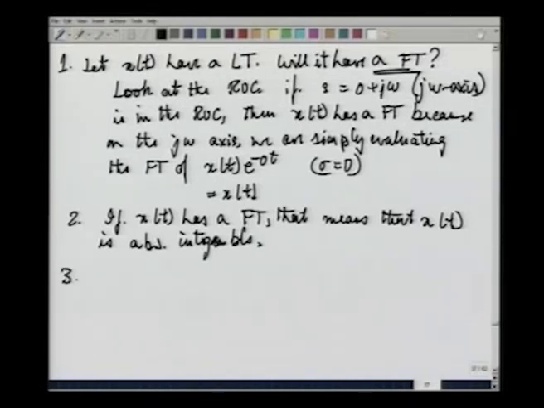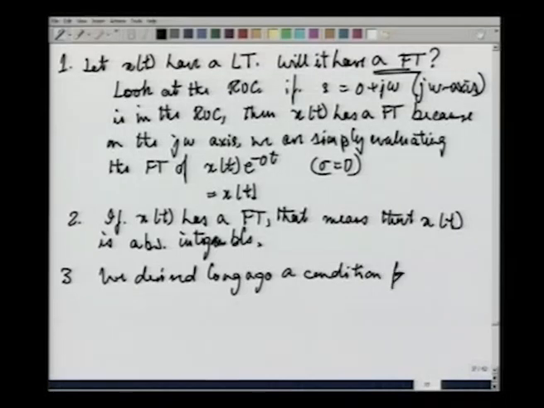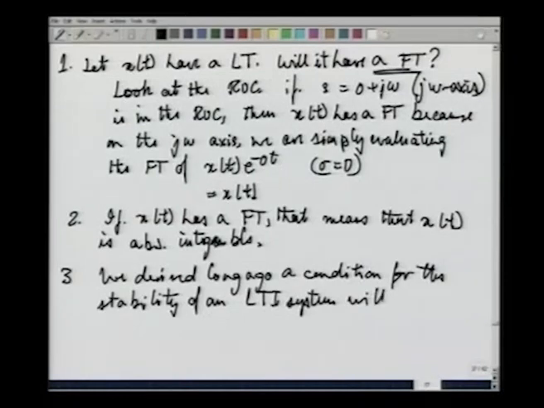Finally, we derived long ago a condition for the stability of an LTI system with impulse response h(t). The condition was absolute integrability.